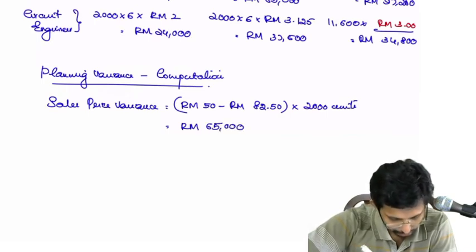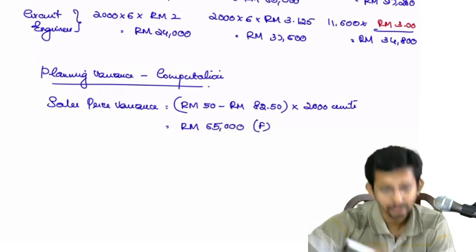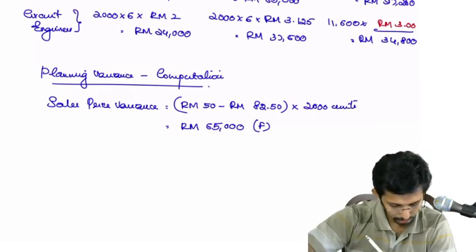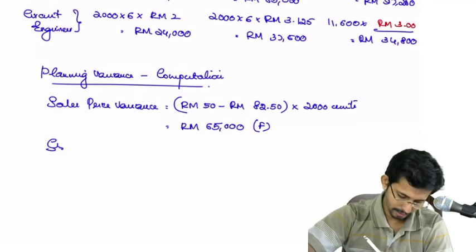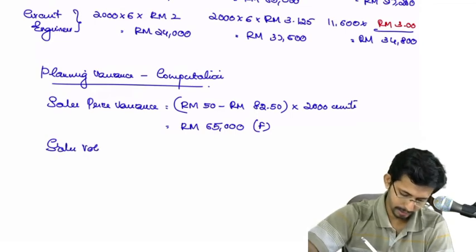Since the selling price increased, it is a favorable variance. Next is circuit X. Is there any sales quantity or sales volume variance?